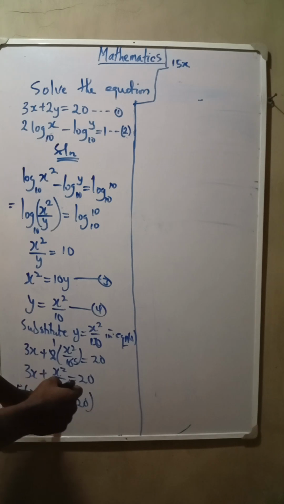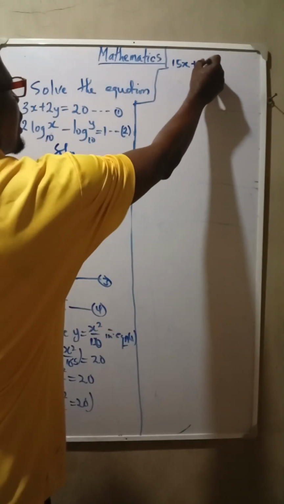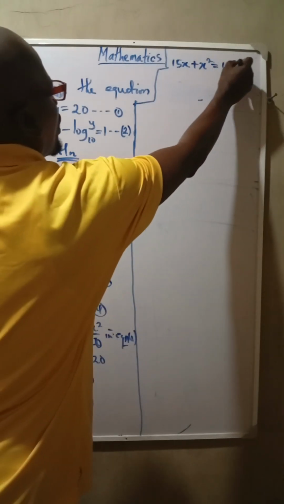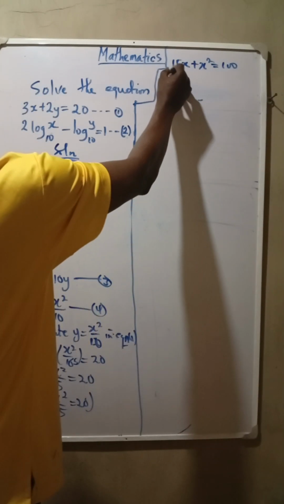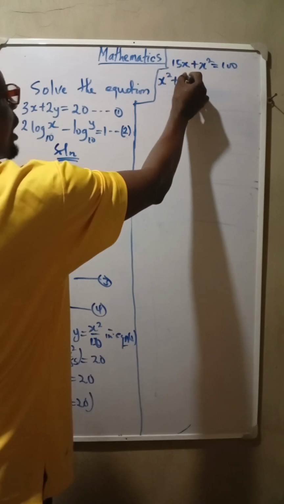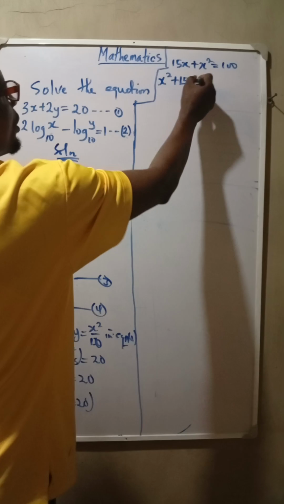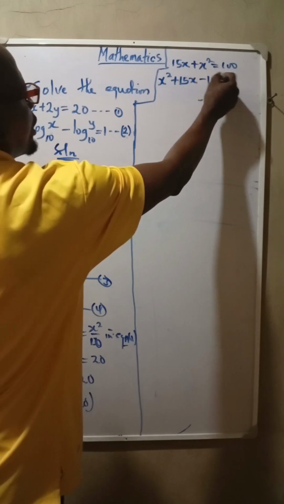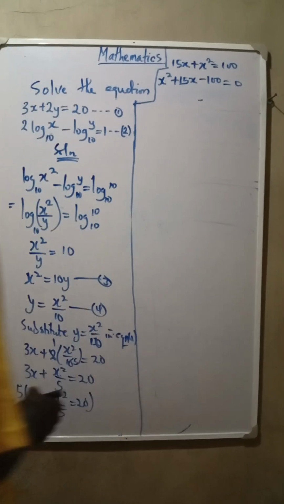Then 5 times x squared, the 5 will cancel 5. I'm going to have plus x squared. 5 times 20 will be equal to 100. Then we arrive at a quadratic equation. Let me rearrange it. x squared plus 15x, if I bring this one to this side, it becomes minus 100 equal to 0.